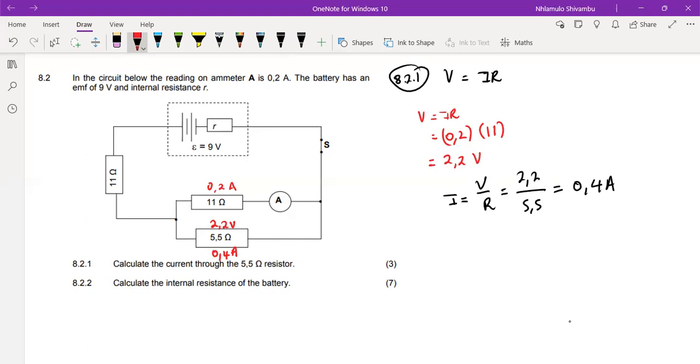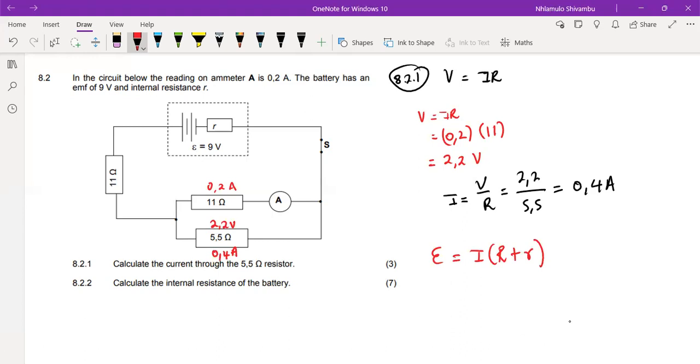Now, in the main question, they want us to calculate the internal resistance of the battery, right? So we must get small letter r. If we're asked about the internal resistance, the first formula that comes to mind is E equals I times (capital R plus small r).